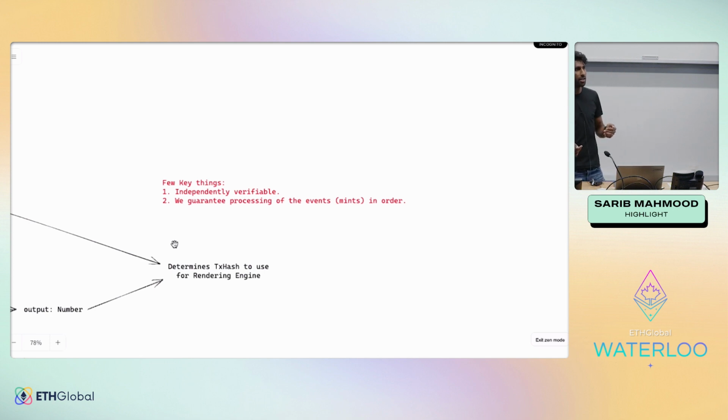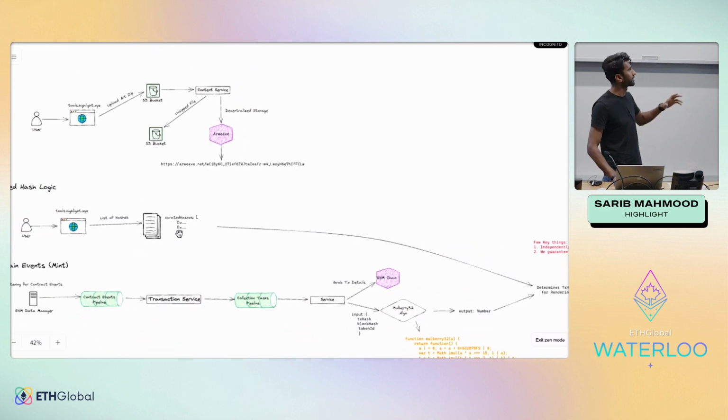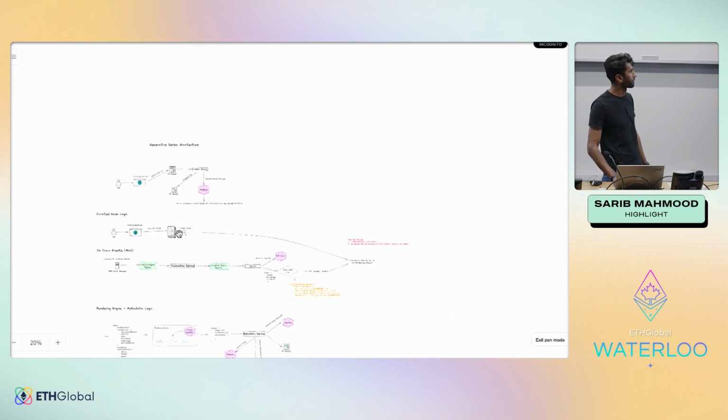What that means is if you minted a token first, let's say you got token ID 1 and someone else got token ID 2, we make sure that token ID 1 gets processed, or gets the art, first, then token ID 2. That's important because there's a point where a collision can happen. Let's say someone gets the curated hash number 1 and another one gets the 1. You want to make sure that the first one, who is the valid recipient of the art, gets it before the other one.